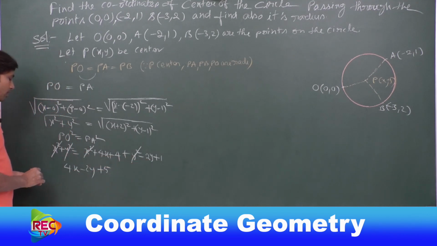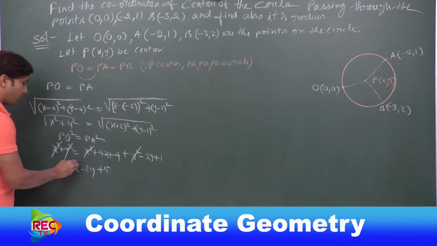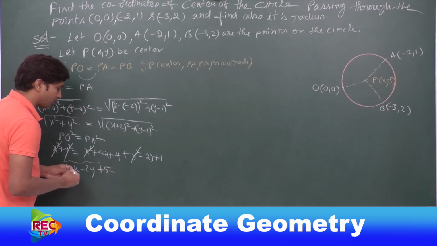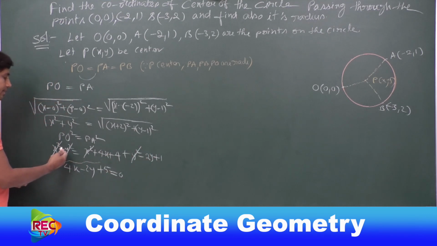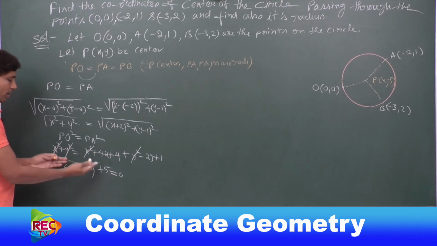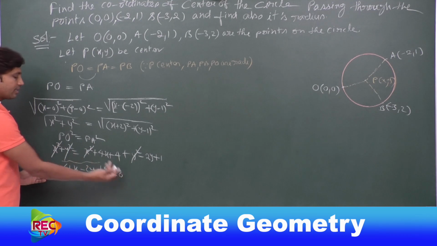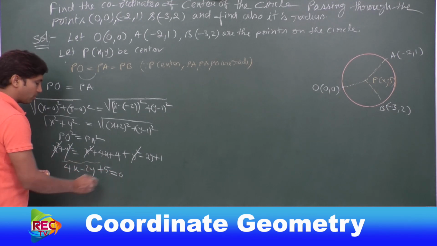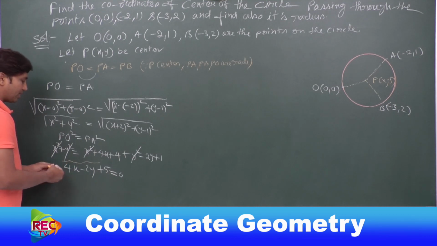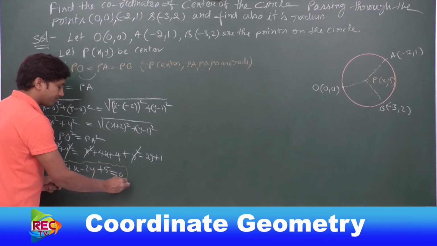Understood? Equal to 0 is left over on this side, so I just converted the equation so that the LHS is 0. So 4x minus 2y plus 5 equal to 0. Now let this be equation 1.